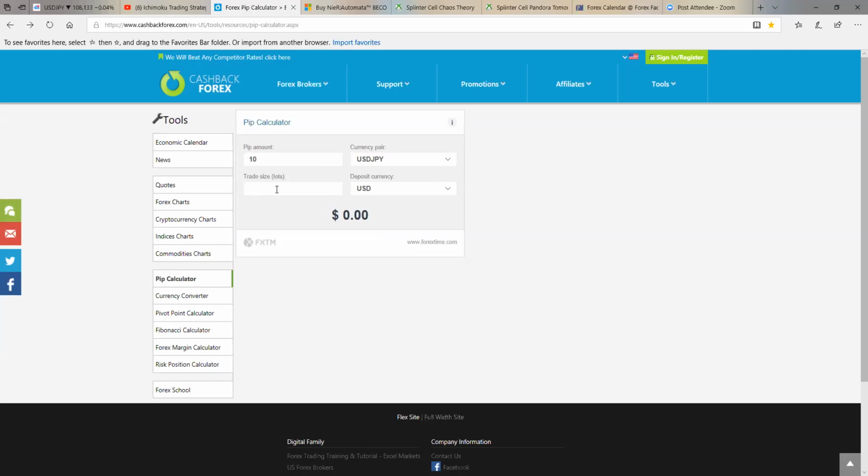Trade size means how much money you put on this trade from your account. So let's say that you decided to go $1 per point.